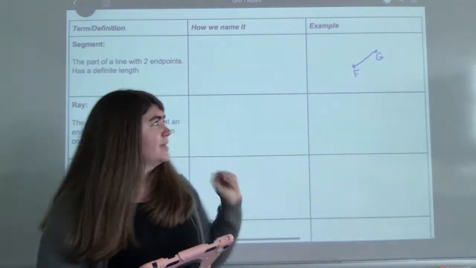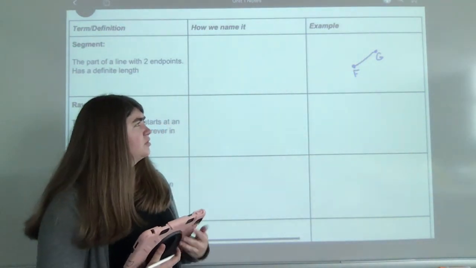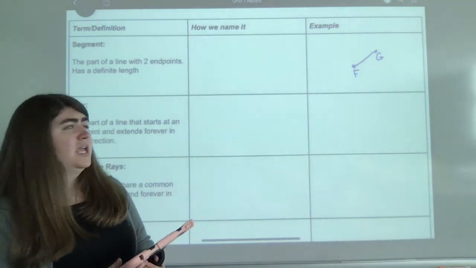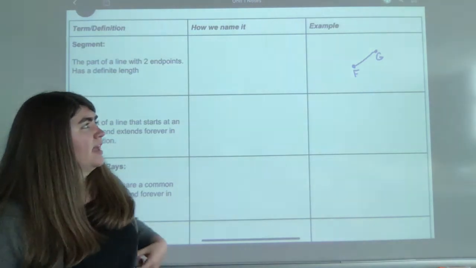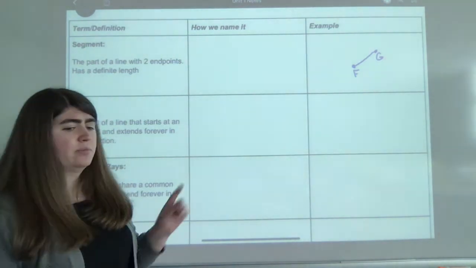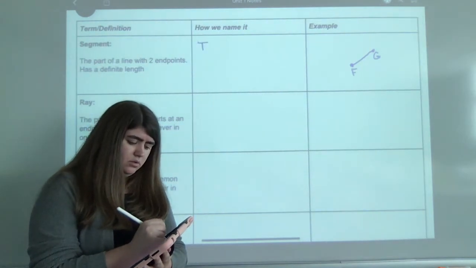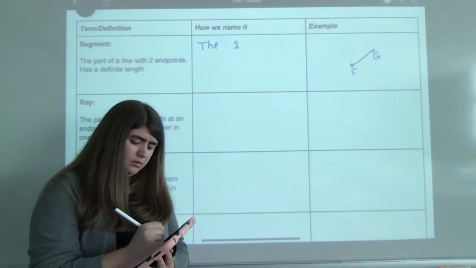So now that I have my segment drawn and I've given it its endpoints, we're going to name the segment. When you name a segment, you actually have to use the names of the endpoints. So how we name it, we're just going to write the 2 endpoints.